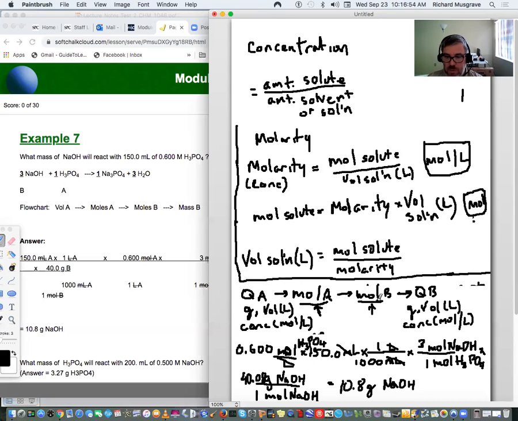The next thing you want to do is find the moles of NaOH, and that's where the reaction comes into play. And then you figure out what you need at the end, whether it be a mass, a volume, or a concentration. In this case, we're looking for a mass. And that's how we would get to the end of this one with NaOH. Does anybody have any questions?